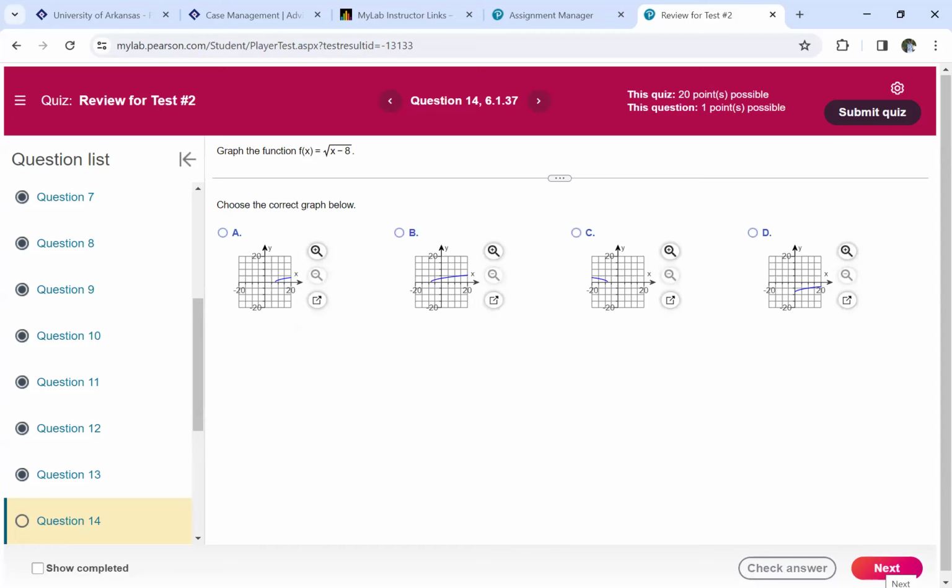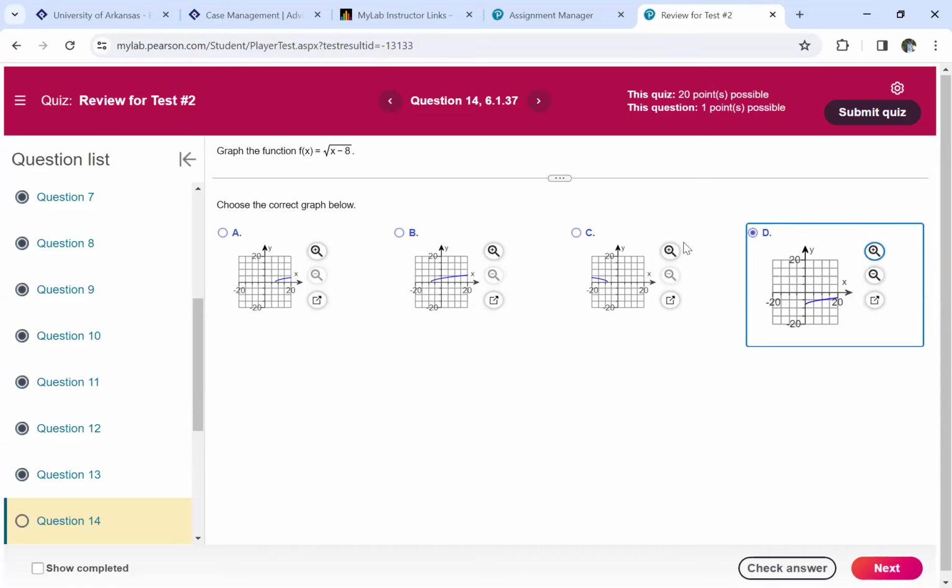All right, now this is sort of similar to what was it, number 2 or number 3, where we had the radical. Y'all, that x minus 8 is under that radical, so it's like it's inside parentheses. So if I subtract 8 from that x, is it going to move me left or right? I'm going to make all my graphs a little bigger.